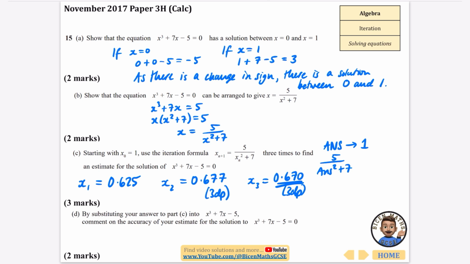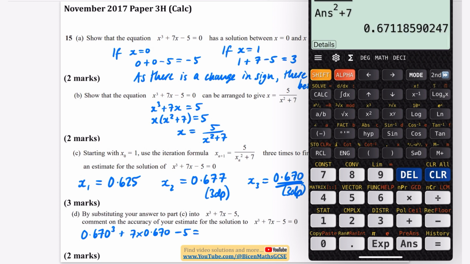It then says, by substituting your answer to part C into this equation, comment on the accuracy of your estimate for the solution. So I'm going to substitute that x equals 0.67. So I'm going to do 0.670 cubed plus 7 times 0.670 minus 5.